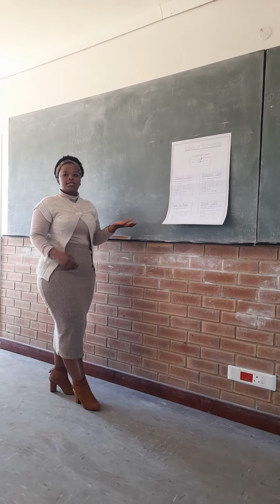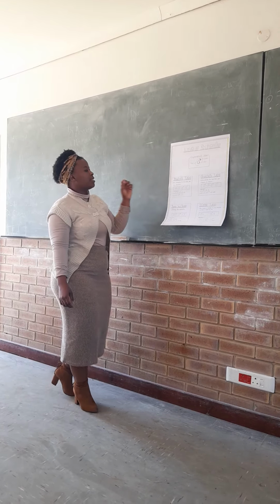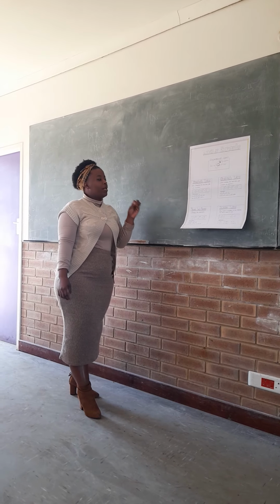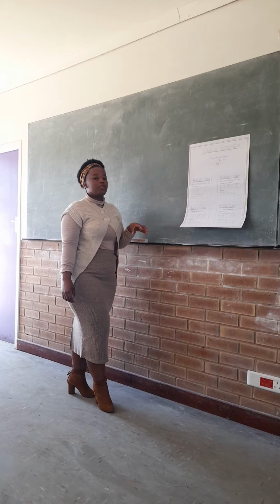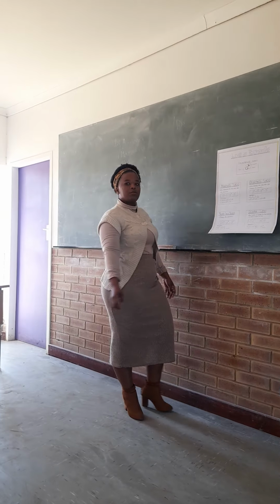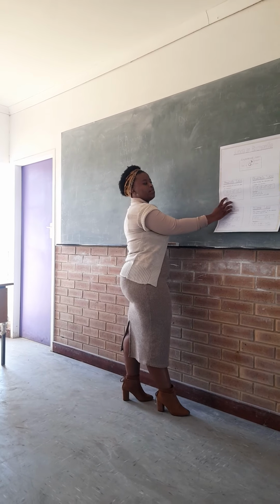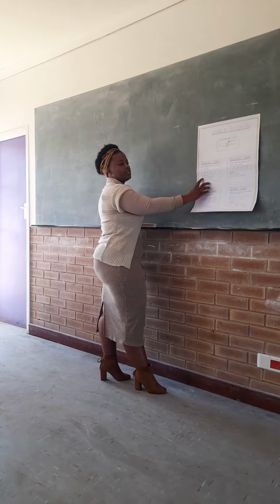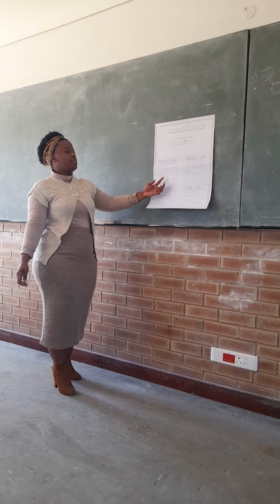I'll also have a few examples here. The first example says we have 2 to the exponent of 2 multiplied by another 2 to the exponent of 2. We see that we are multiplying the same base, so we have 2 as our base.